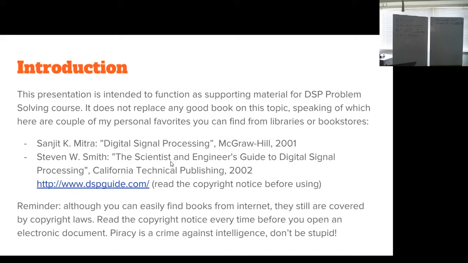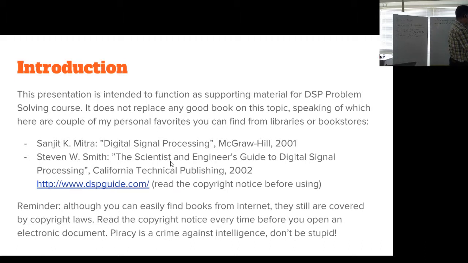Now it's technology. But anyways, that's one of the best ones on the market. Mitra has written a digital signal processing book which is very applicable. It has plenty of nice tricks you can try, and it covers all the fundamental parts.